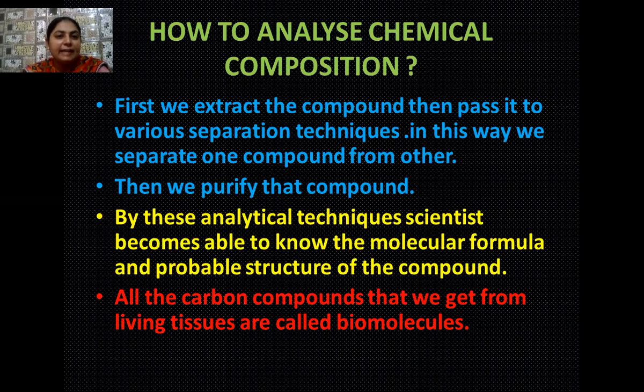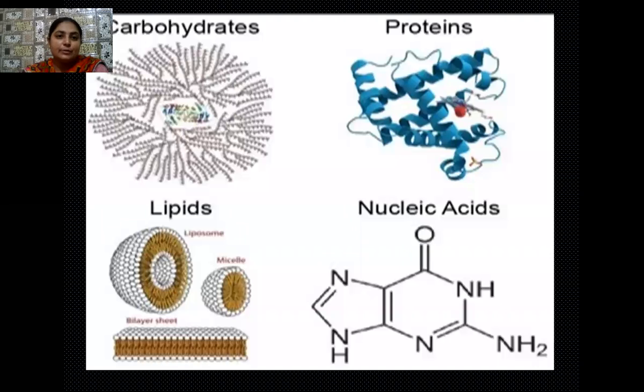Then we purify that compound, and by these analytical techniques, the scientists become able to know the molecular formula as well as the probable structure of these chemicals, which are the components of the biomolecules. So all of these carbon compounds that we get from living tissues are known as biomolecules.